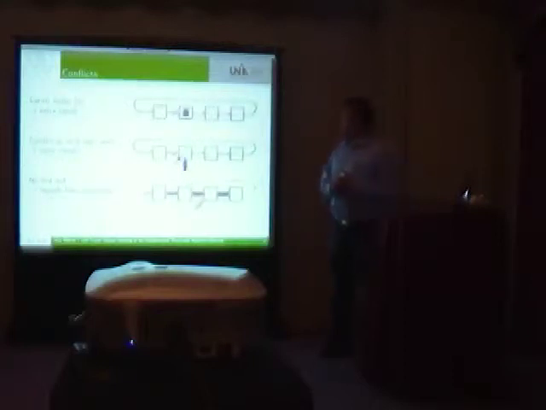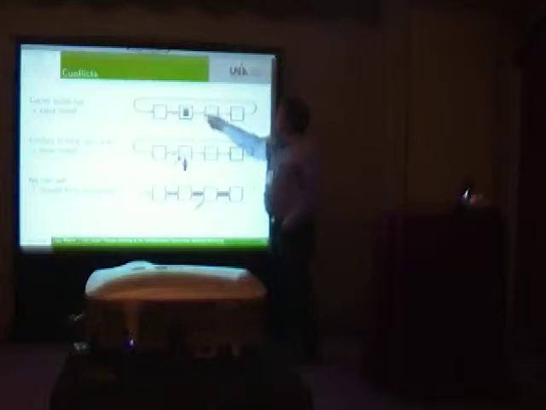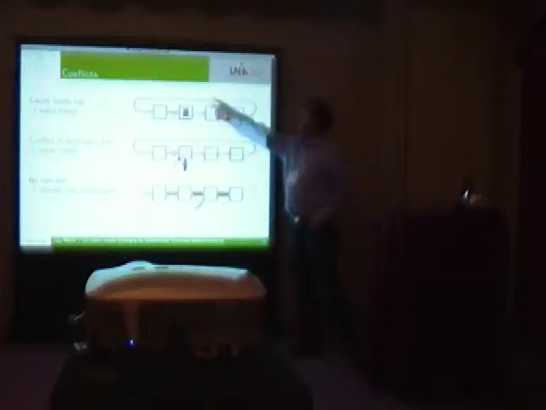Now there are some conflicts that have to be dealt with. For example, if the corner buffer is full. This could happen. What we then do is we just give the flit in it another round through this ring. So it just takes 1 extra round.